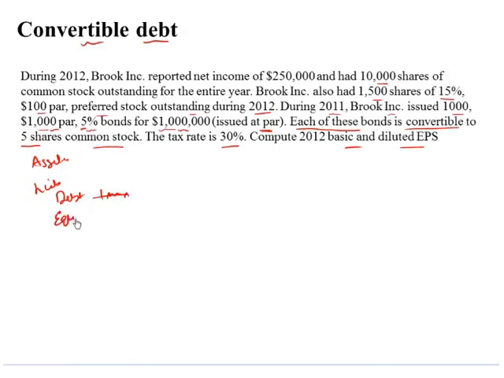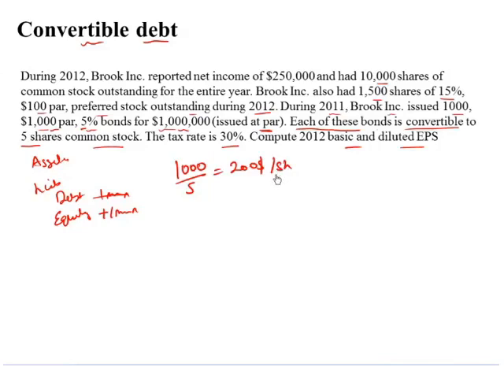So whatever my equity is will go up by $1 million if the holder of the debt chooses to exercise his option. I will have to issue him 5 shares of common stock, implying that by paying $1,000, he can convert each of these bonds into 5 shares of common stock, or an approximate value per share of $200 is what he's paying.